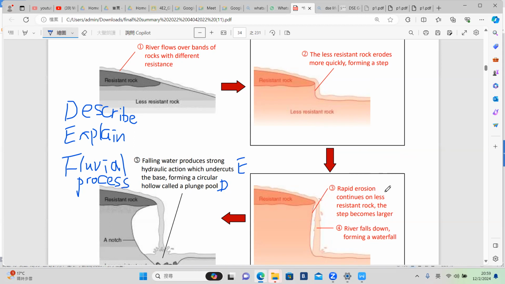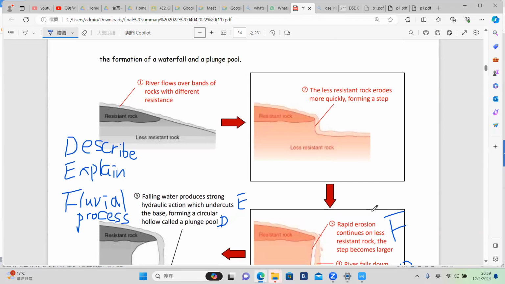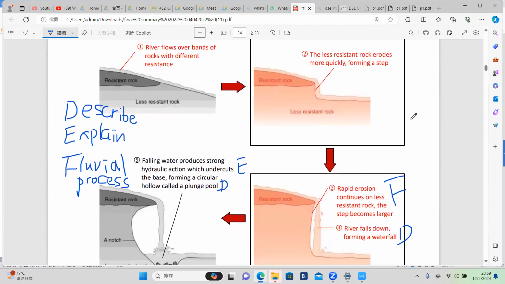Then where can you find F? Right here it is talking about the plunge pool and also the waterfall. Then D describes the landform. Then the resistant rock and less resistant rock: less resistant rock erodes more quickly.